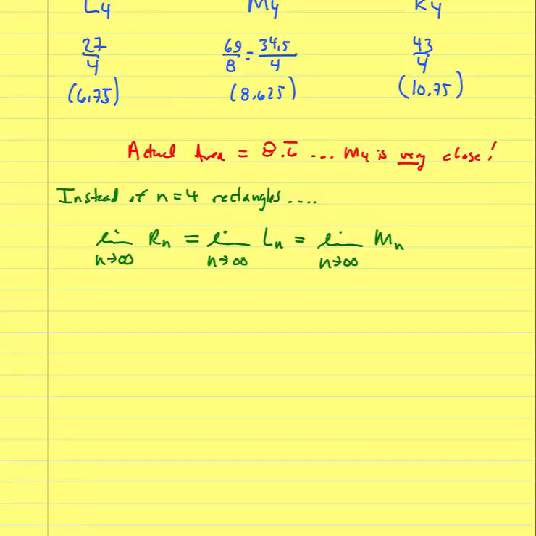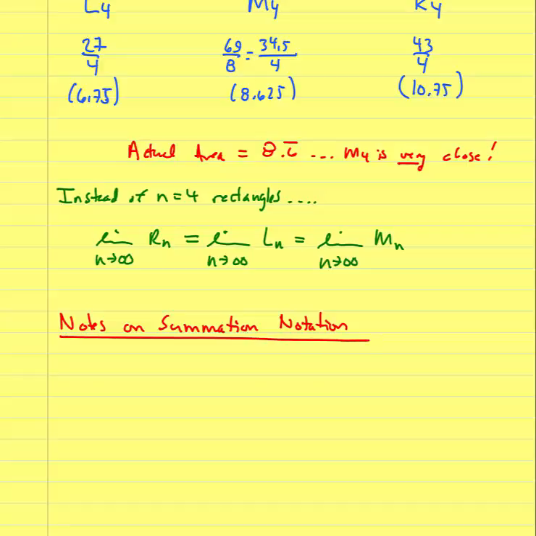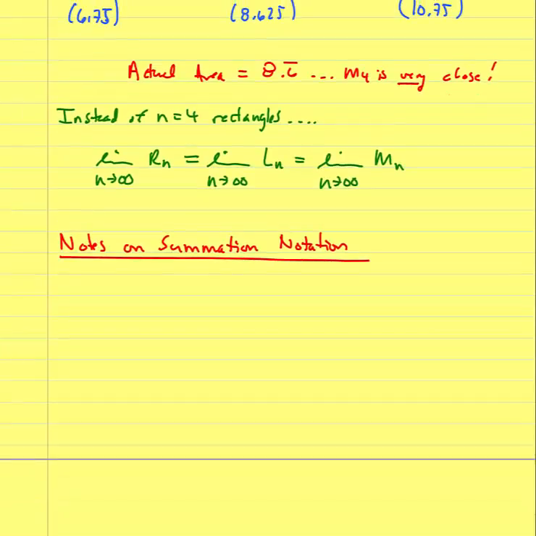Now let's go ahead and look at a couple of things about summation notation. We've already talked about some of these when we were working with the previous problems, but I just want to make sure you have a few notes to clarify a few things.